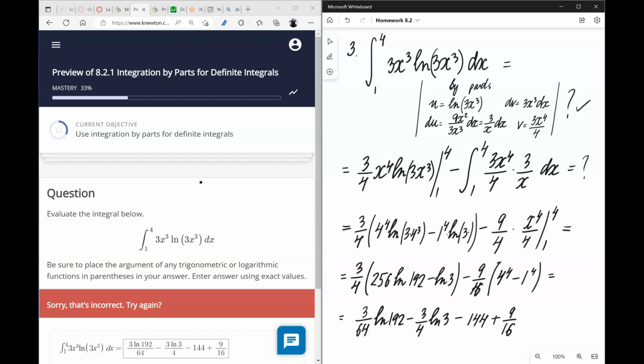That looks fine too. So we have 3/4 uv minus v du. That looks fine too. So here I'm at the next line.